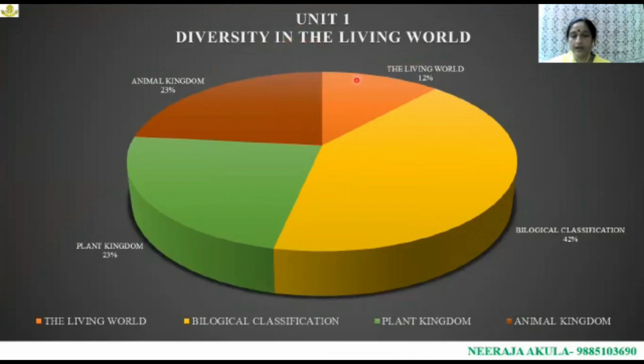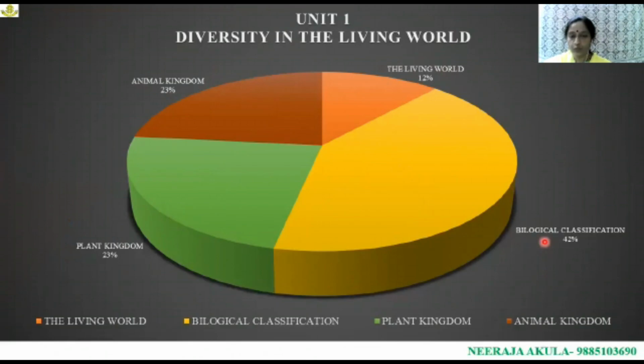In this unit, 4 chapters are there: the living world, biological classification, plant kingdom and animal kingdom, of which the maximum number of bits came from biological classification.